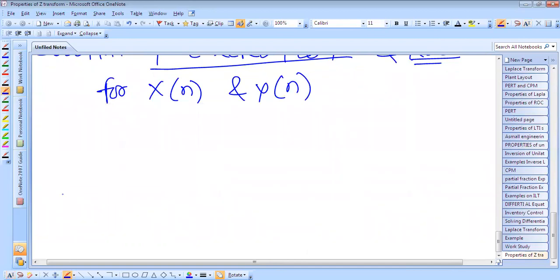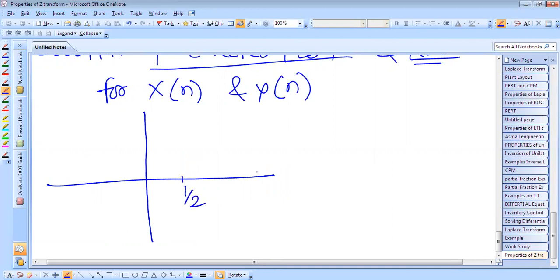The pole zero plot for the first function: the ROC is greater than half but less than 3 by 2. These two poles are there.